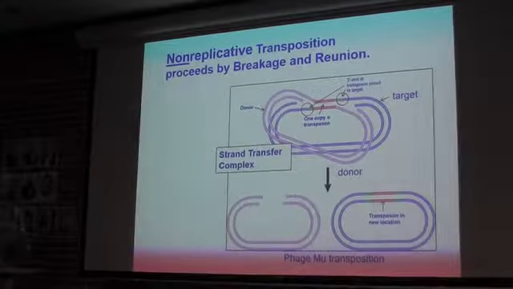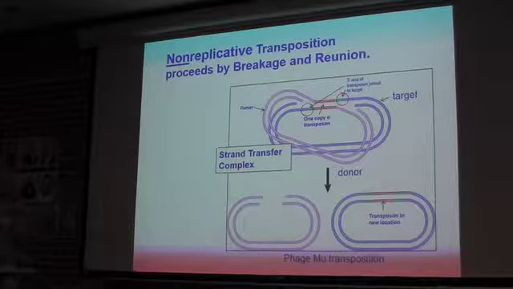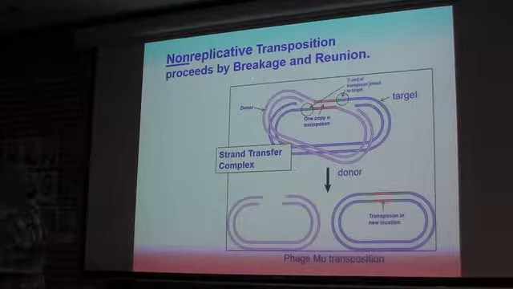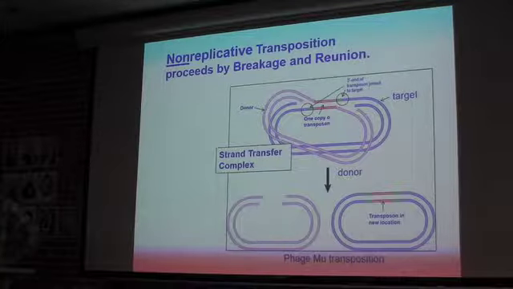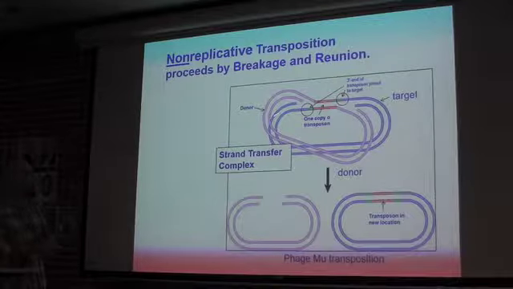It seems like it should be so simple, but this is as complicated as this gets after these slides here, learning the mechanism of replicative and non-replicative. So here you have the non-replicative mechanism called breakage and reunion. I haven't figured out a way to memorize which is which yet, but I'm working on it. I still got years and years to figure this out.